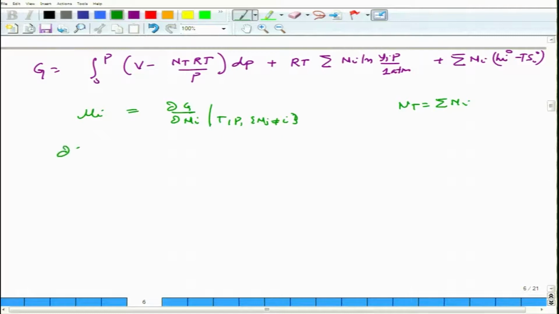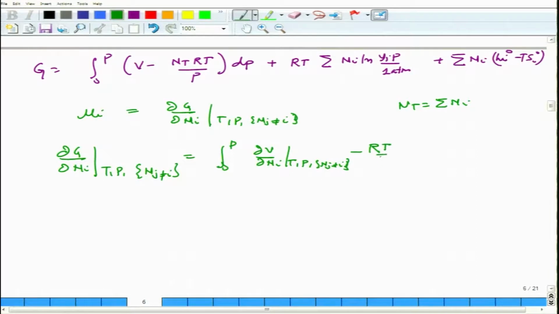So, del G by del Ni is going to be the integral from 0 to P of del V by del Ni minus RT by P. Since Nt is equal to summation Ni, when I take the derivative with respect to Ni, it is going to be 1, plus RT summation del Ni.